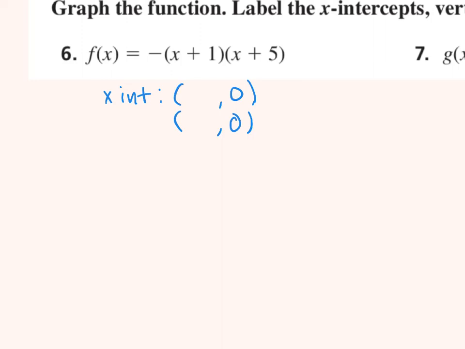One and 5. Remember, we need to change the sign. Negative 1, negative 5. Negative 1 and negative 5. Perfect. So for our graph, we are going to cross the x-axis at negative 1 and negative 5.